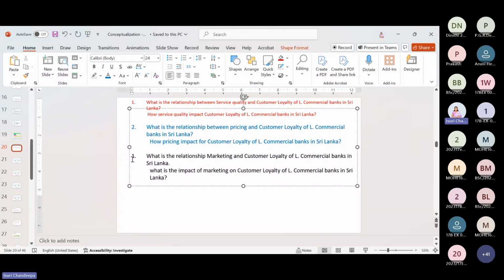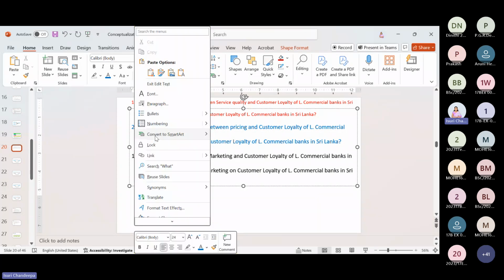For the third research question, it should be started with numbering.